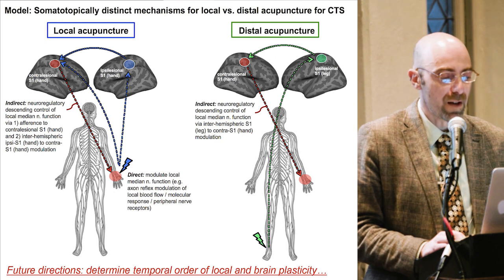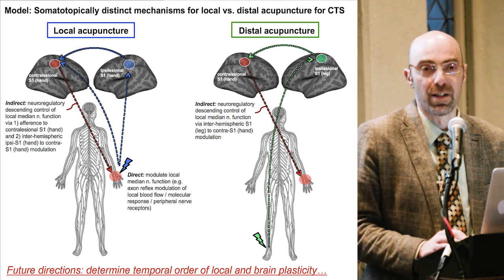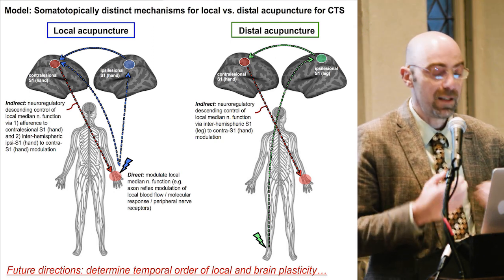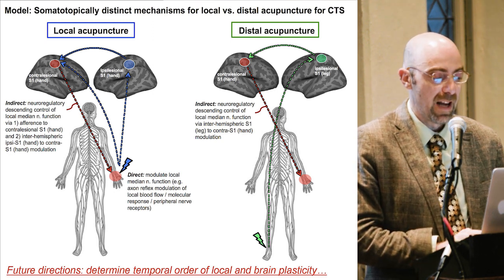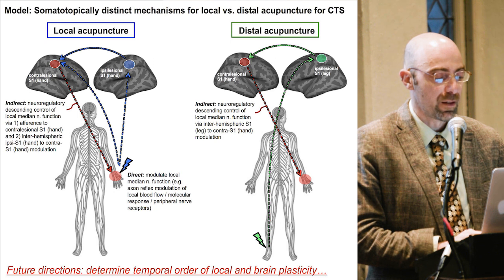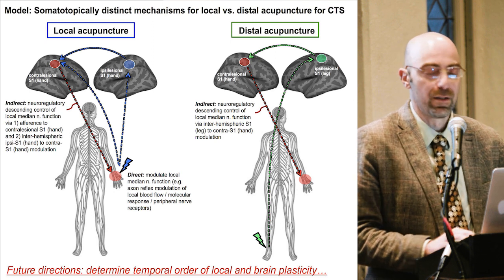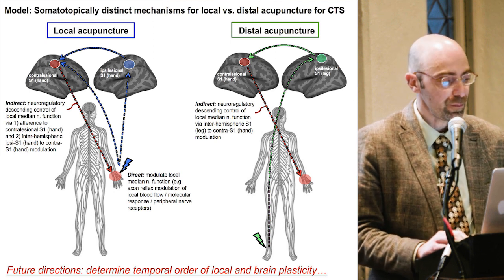And for distal acupuncture, the model there is that it's strictly this indirect effect, right? We did see improvements with the distal acupuncture, applied to the opposite ankle, and this has to be working through some sort of mechanism by which you're remapping the brain from the contralateral side to the ipsilateral side.